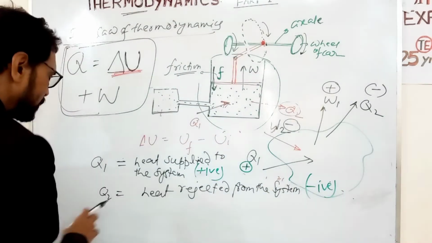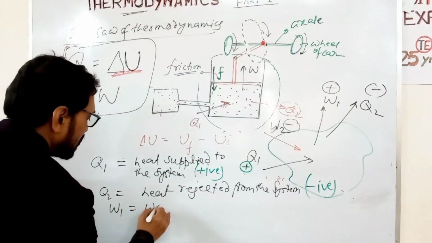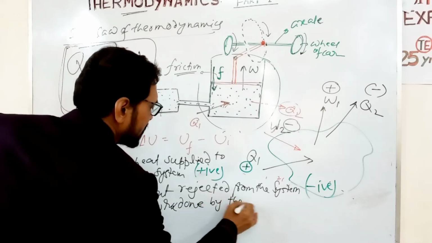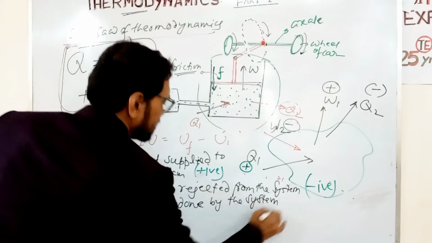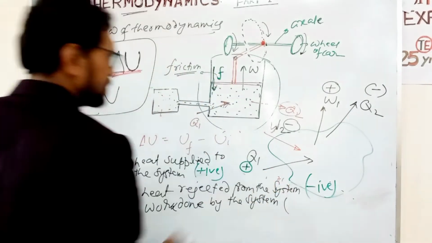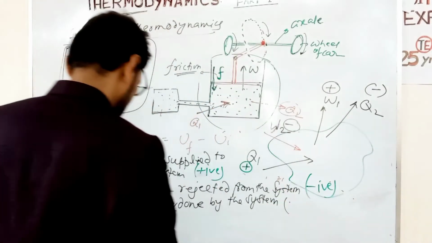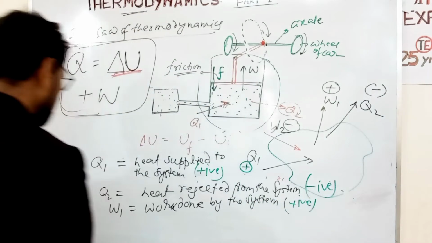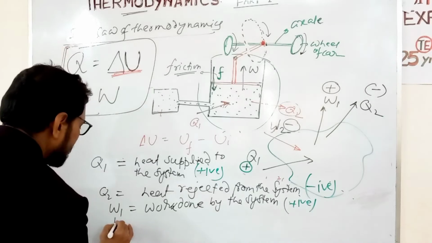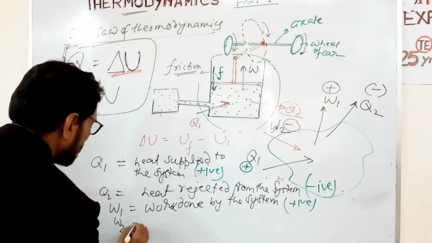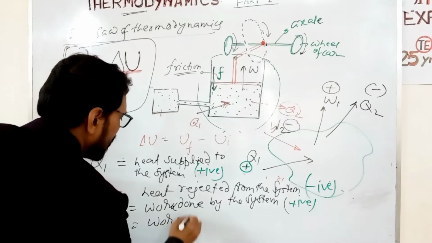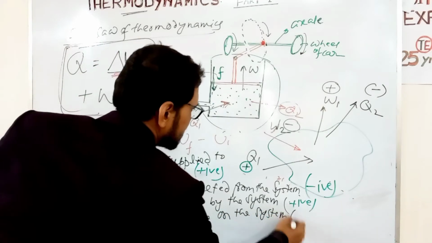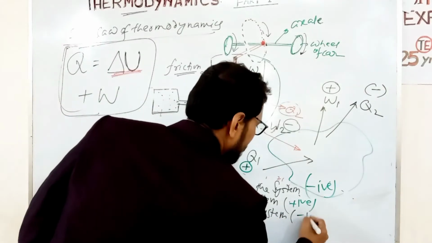And W1, work done by the system, is positive. W2, work done on the system, we take this sign as negative.